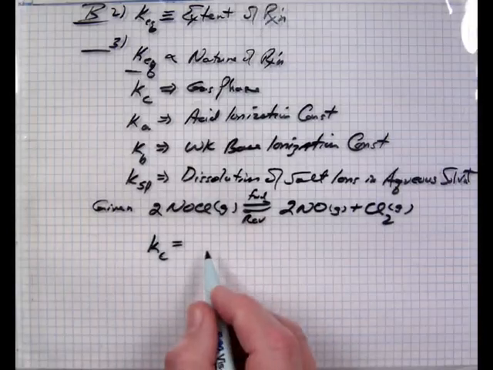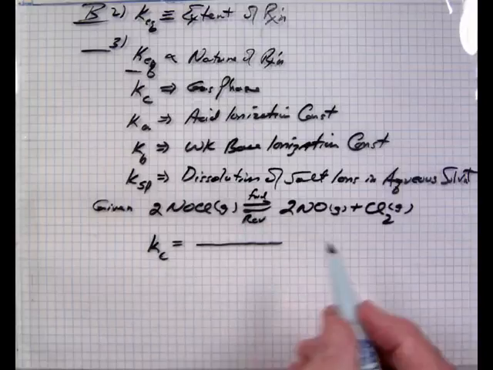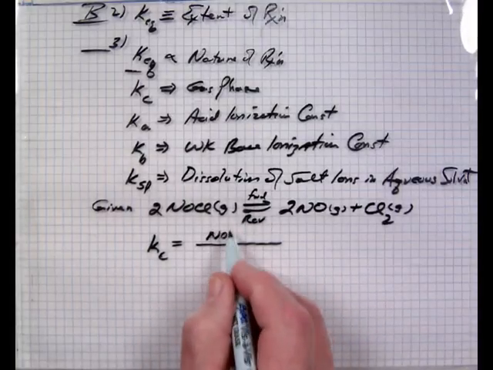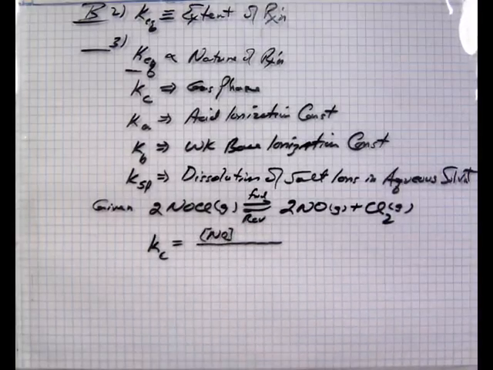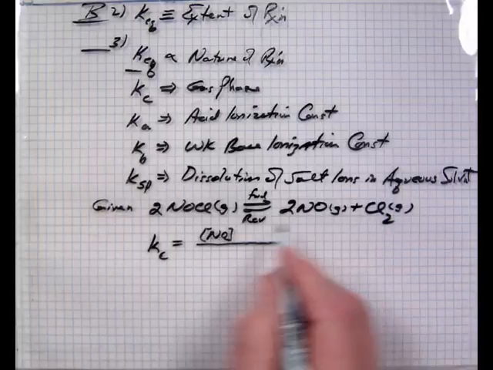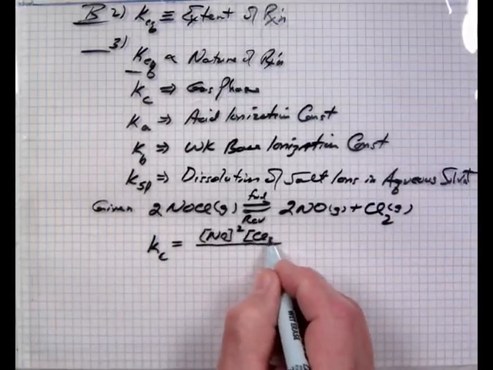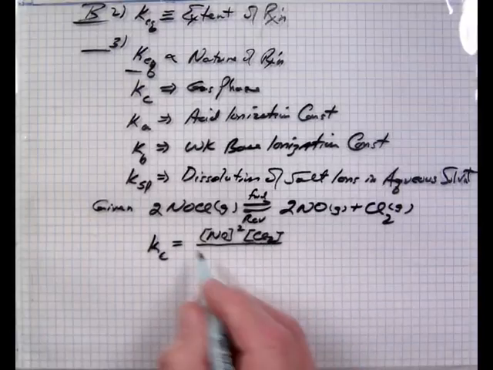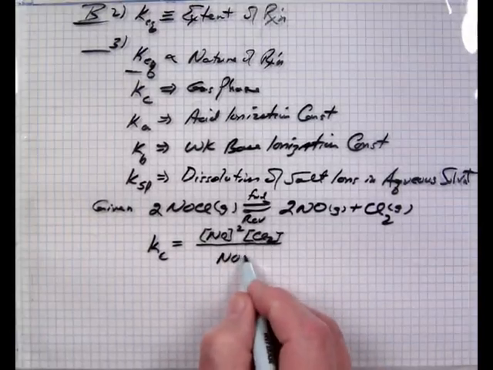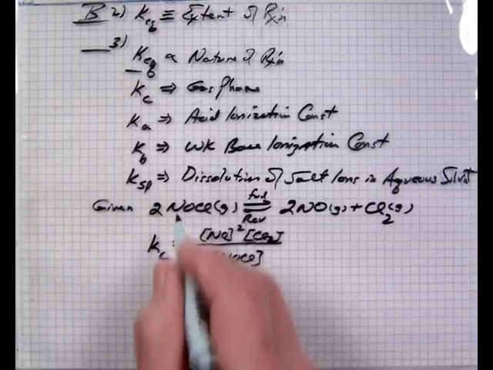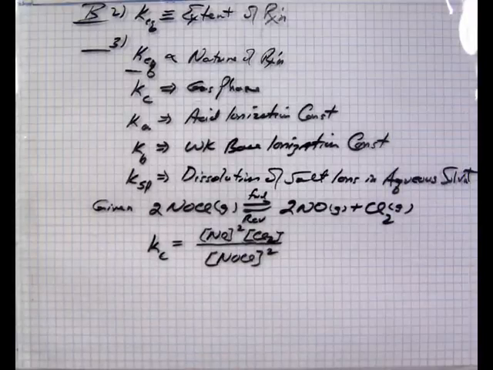But the forward reaction expression is the product of the concentrations of products, molar concentration, divided by the concentration of the reactants raised to the coefficient powers. The coefficients will represent the orders of reaction, now in the equilibrium region.